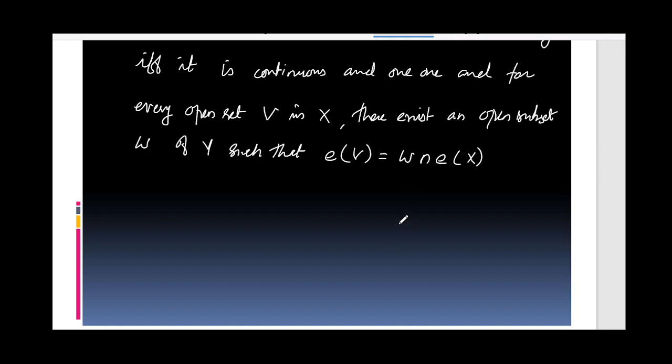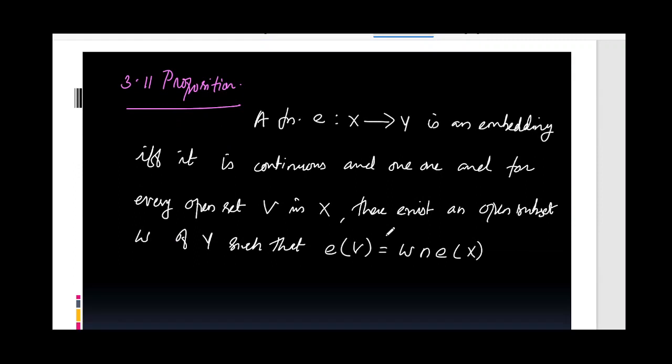So what does this proposition say? A function e from X to Y is an embedding if and only if it is continuous and one-one. Embedding means by definition e restricted to e of X should be a homeomorphism. Homeomorphism means it should be continuous and one-one, and since we are taking only the range, it is onto, so you can define the inverse.